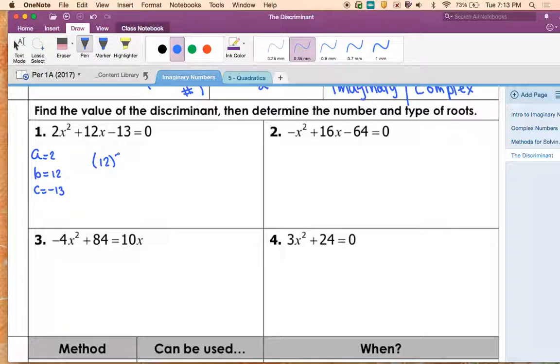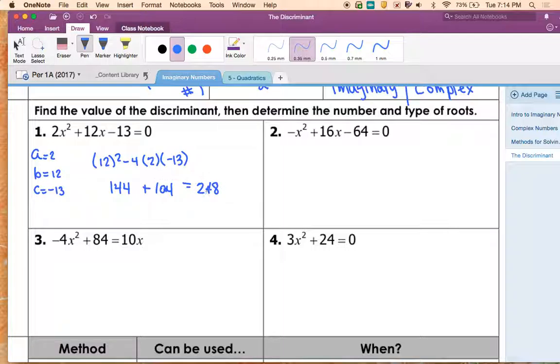That's 12 squared minus 4 times A, which is 2, times negative 13. So go ahead in your calculator and find this value. 12 squared is 144, plus this value here is 104. And this gives me 248.